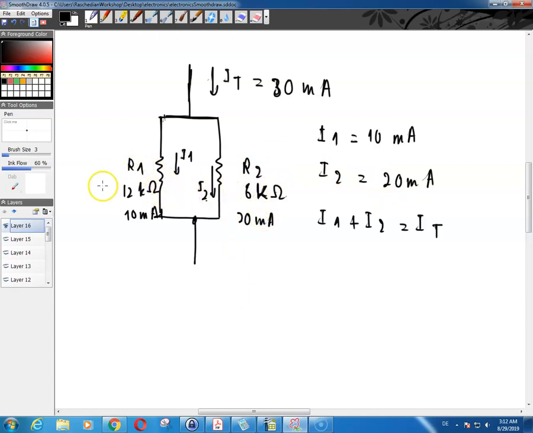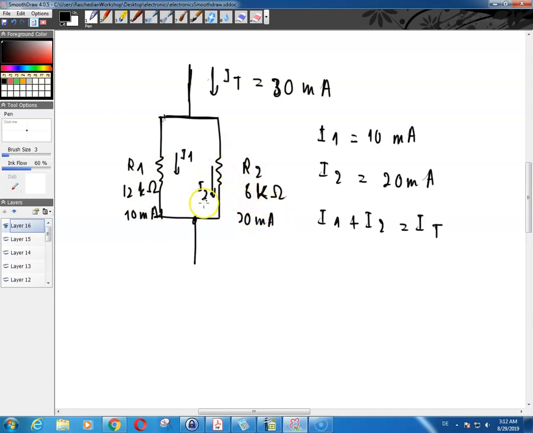So the value of this resistor is twice the value of this resistor, and the current going through that resistor is half the current going through the other resistor. Again, I repeat this: the value of this resistor is twice the value of this resistor, and the current going through it is half the current going through the other.